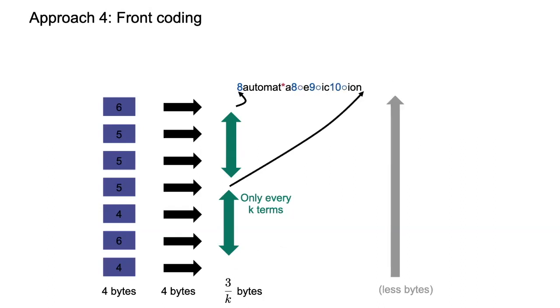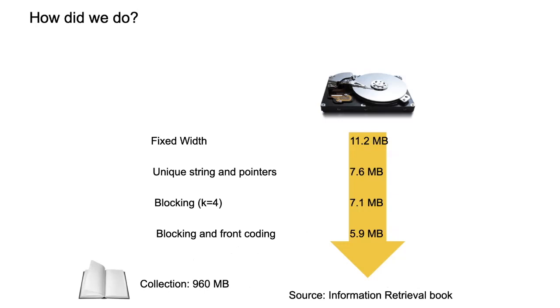Now I can put this little star in there, automate, automatic, automation, and then I save some space again, right? So I'm going to have fewer bytes. Who agrees this saves space? Okay. However, again, you pay for it in terms of performance because you're going to have extra load on the CPU to rebuild the original terms, but you can save space. So you see there's a lot we can squeeze.